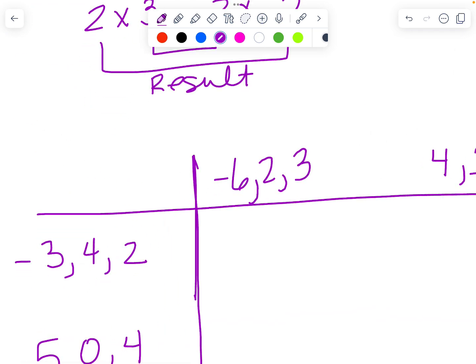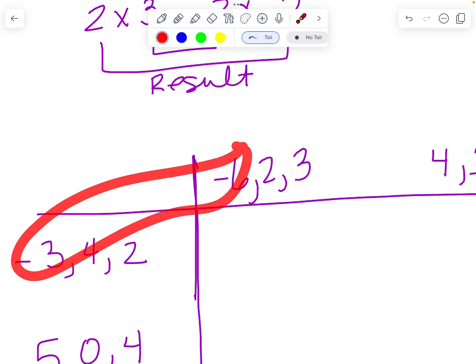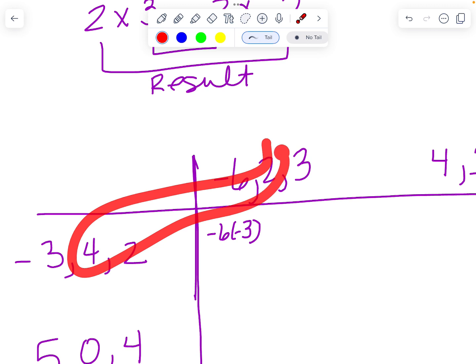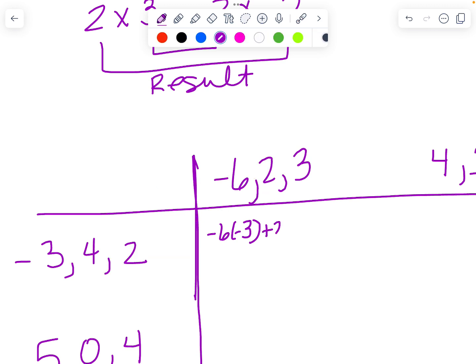So now I'm going to multiply each thing. Here I have negative 6 times negative 3, plus 2 times 4, plus 3 times 2. And if I think about this, this is 18 plus 8 plus 6. My answer here is 32.